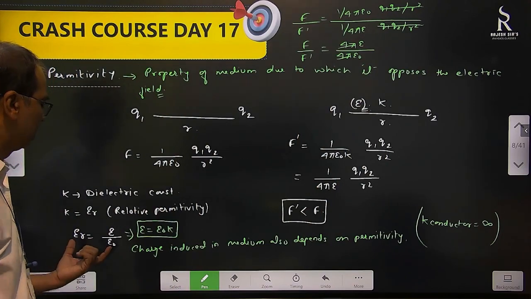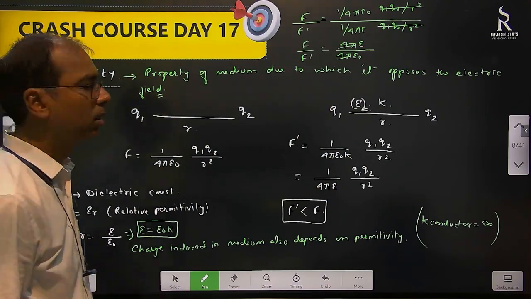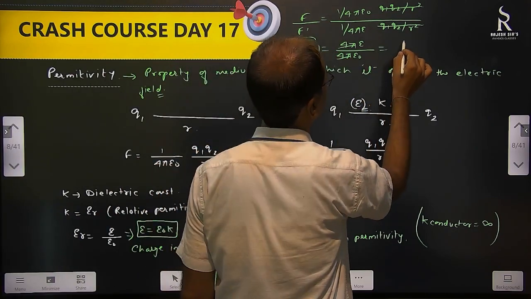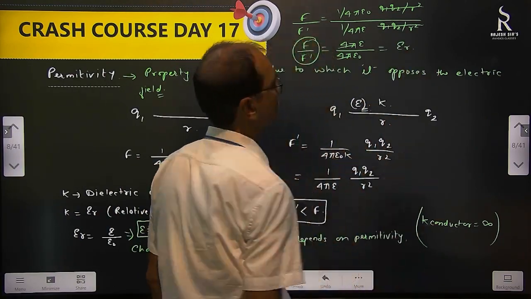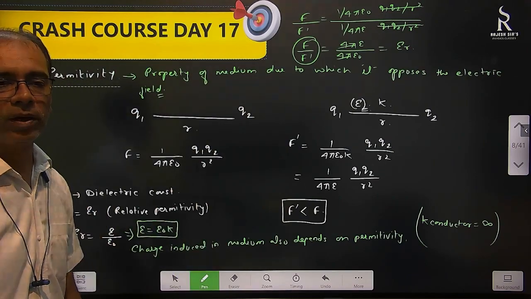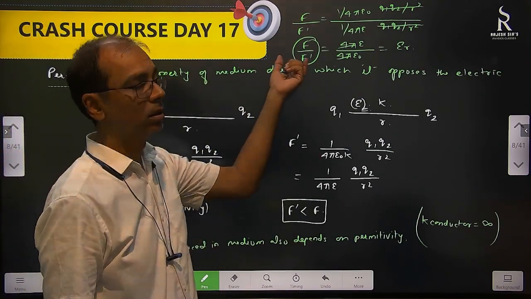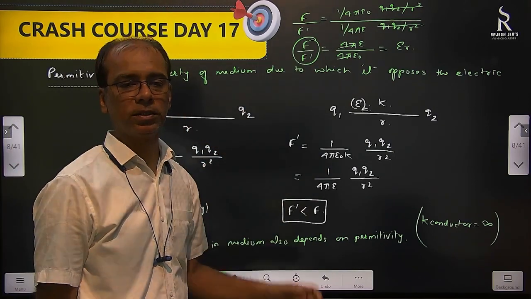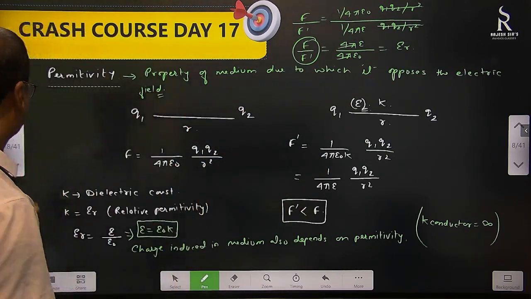What is epsilon r actually? Epsilon by epsilon naught only. So relative permittivity is also F by F dash. F dash is the force in medium, and F is the force in free space. Right?